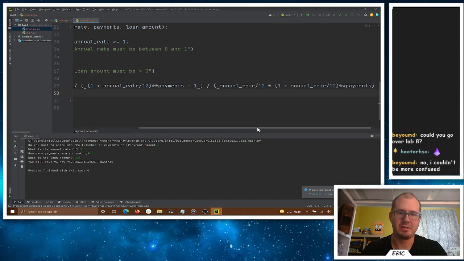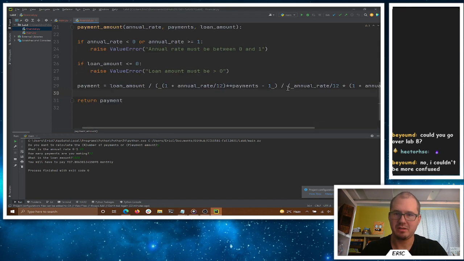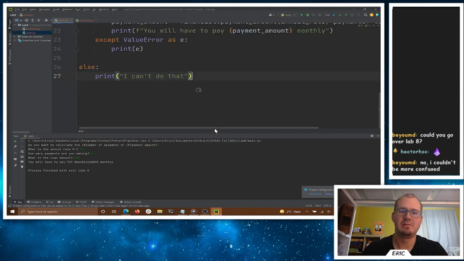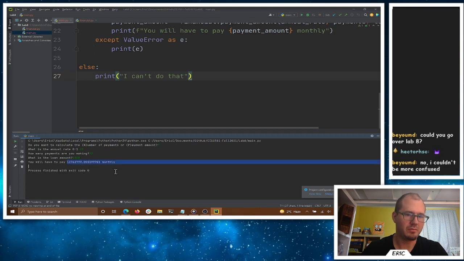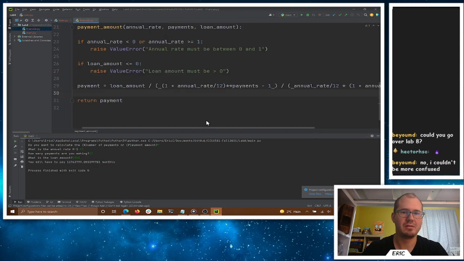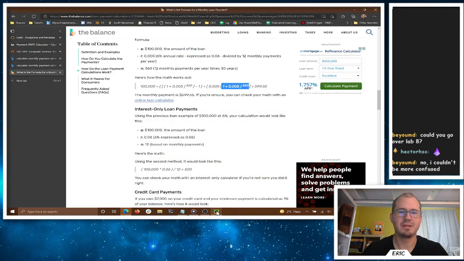Let's see if that one works any better. Sorry about that. I didn't realize that would be so much trouble. The payment amount, 0.03, so 3%, making 12 payments on $1,000. Nope, that's still the wrong number. What the heck?